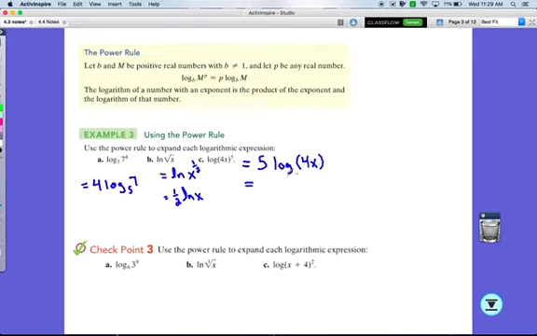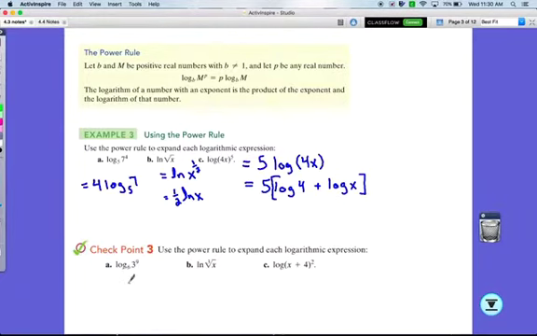Since I have two things inside here, I can rewrite that as 5 times log of 4, plus, actually I need to have a bracket here, the log of x. That 5 goes in front of the whole thing, it's going to go in front of a parentheses and then those two parts. All right, go ahead and pause it and try those problems.